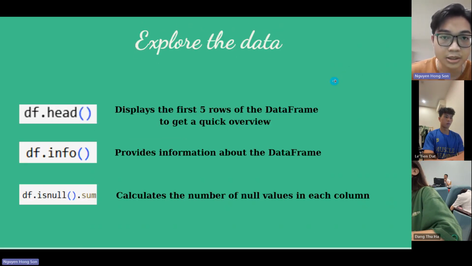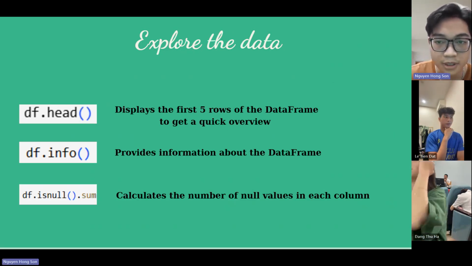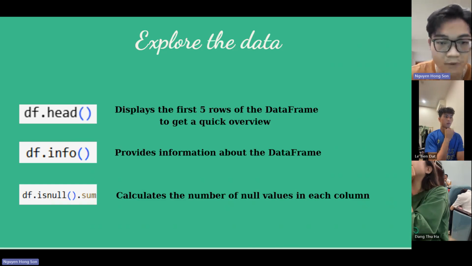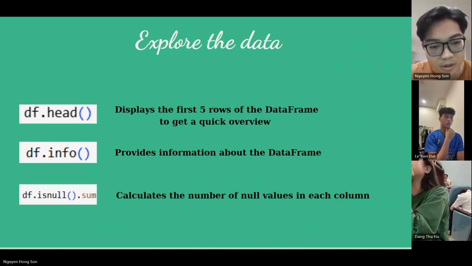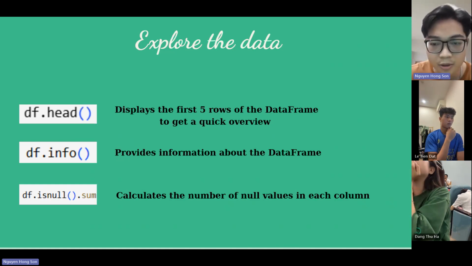Next, explore the data. First, display the first 5 rows of the data frame to get a quick overview. Second, provide information about the data frame. And last, calculate the number of null values in each column.